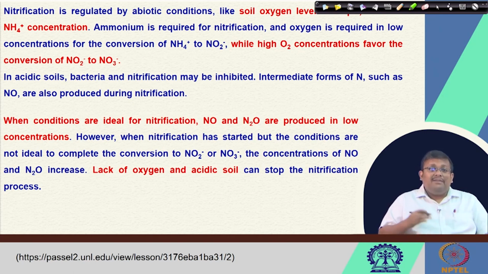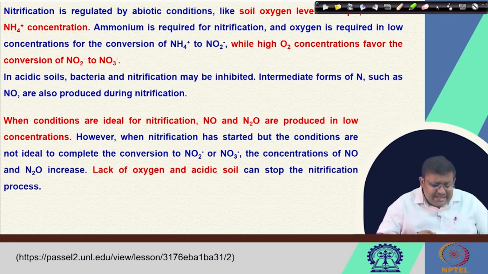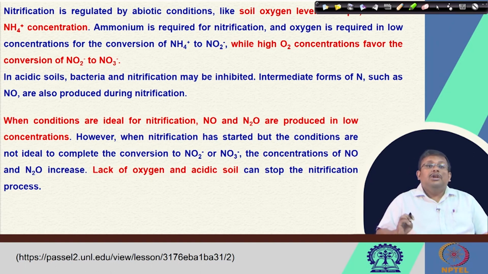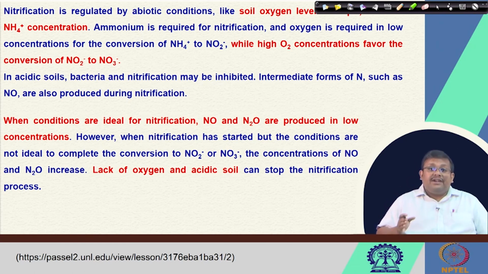Now, in acidic soil, bacteria and nitrification may be inhibited, and intermediate forms of nitrogen such as nitric oxides are also produced during the nitrification process. When conditions are ideal for nitrification, nitric oxide and nitrous oxide are produced in low concentration. However, when nitrification has started, but the conditions are not ideal to complete the conversion of nitrite to nitrate, the concentration of these two gases increases.